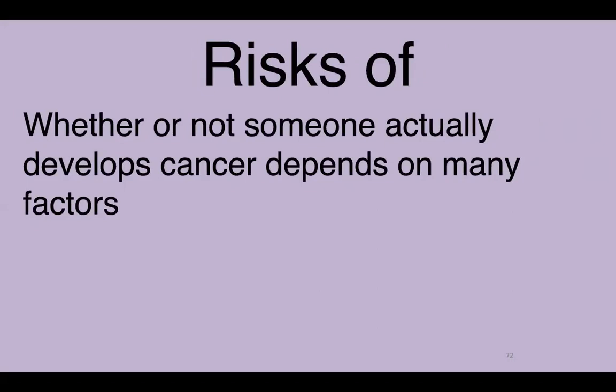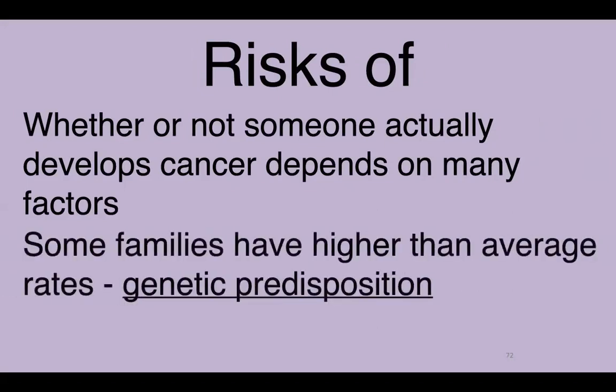And again, it depends on a lot of factors. Some families have a higher than average rate of cancer. This is what we call genetic predisposition. Predisposition means you're already at risk. So I would highly suggest that you ask your parents if they know, if their family members, if you have a history of cancer in your family, particularly certain types of cancer.